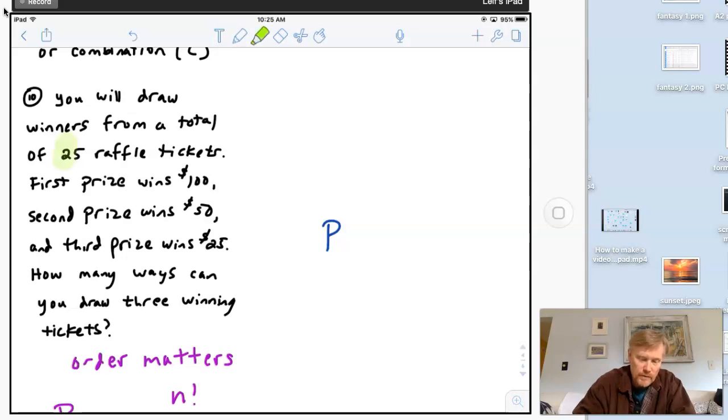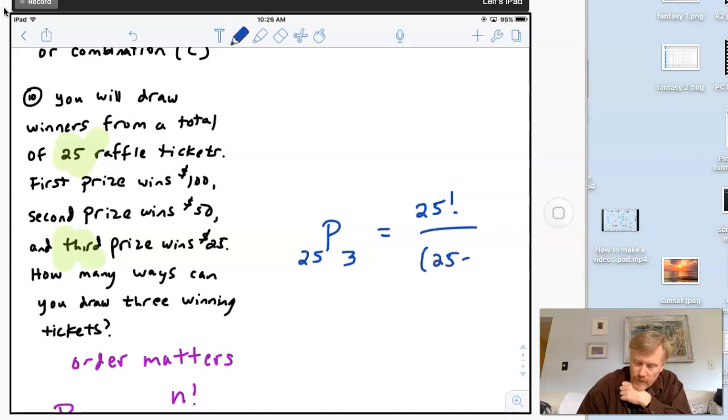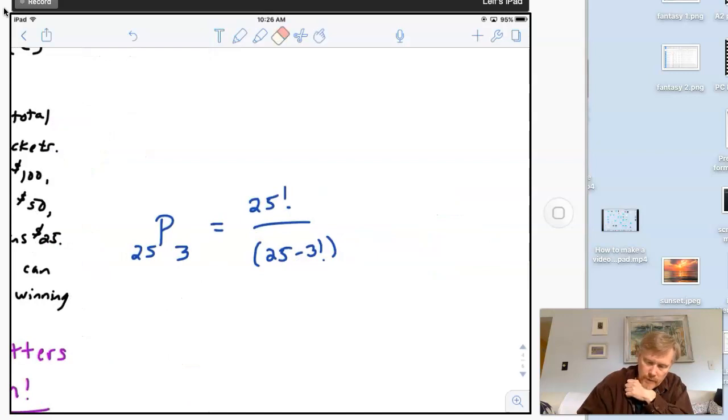There's 2 big numbers in this thing, the 25 and the 3, because there's 3 winners, 25 people are in it. That's where the numbers come from. And it's really pretty straightforward like that, which means I got 25 factorial over 25 minus 3 factorial. Oops, I got the order backwards there.